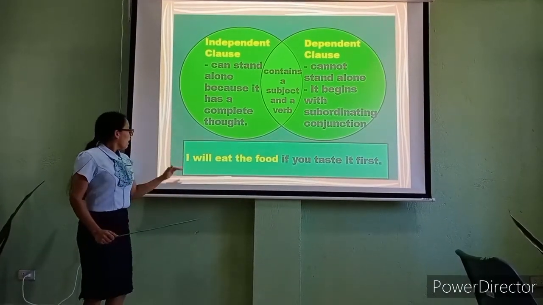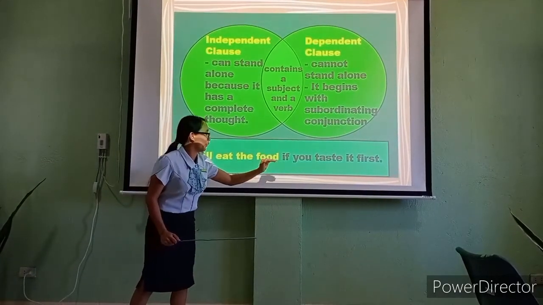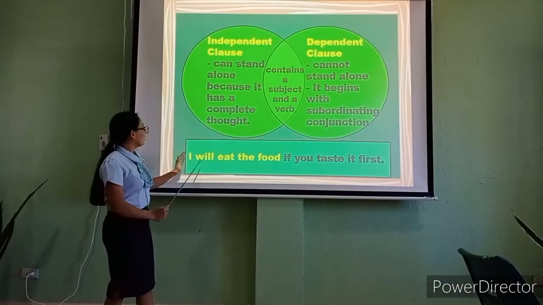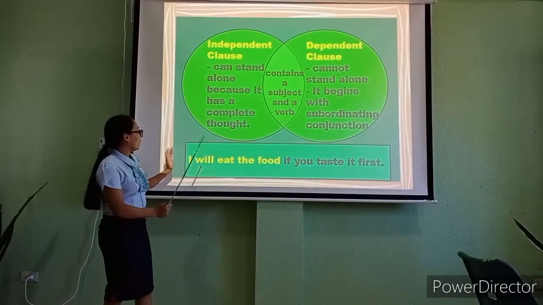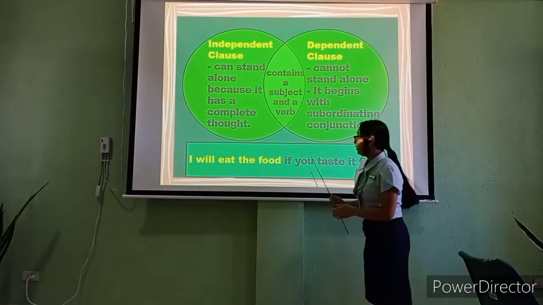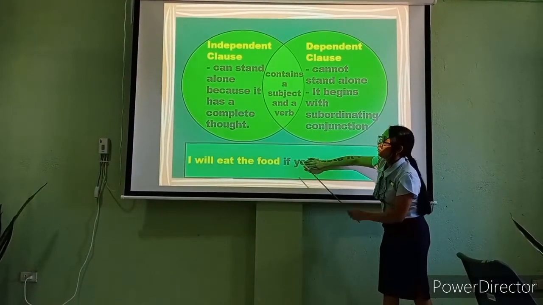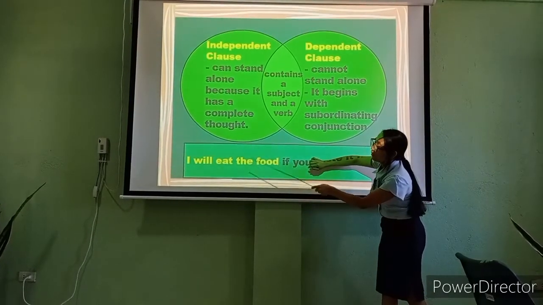For example, I will eat the food if you taste it first. So, I will eat the food is the independent clause. If you remove the other words, it gives us a complete thought: I will eat the food. There's a subject and a verb, will eat.